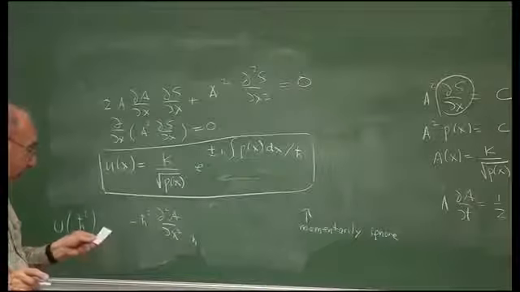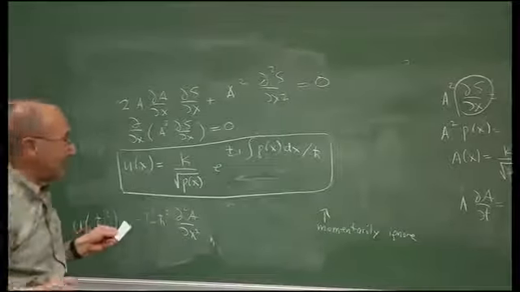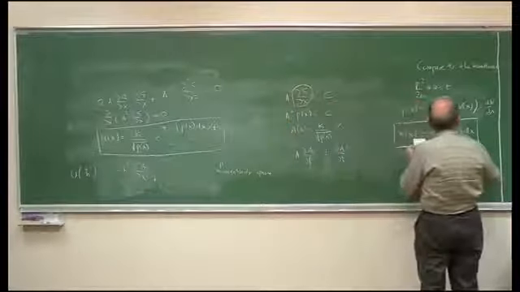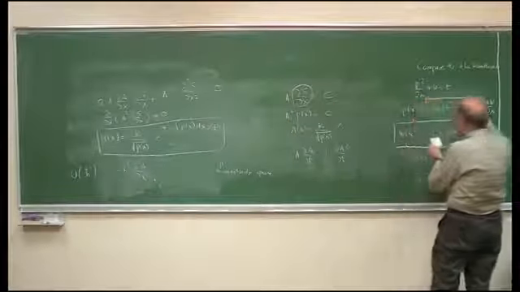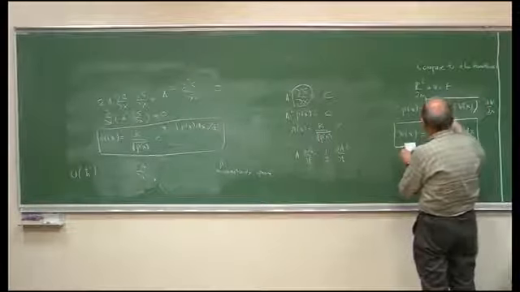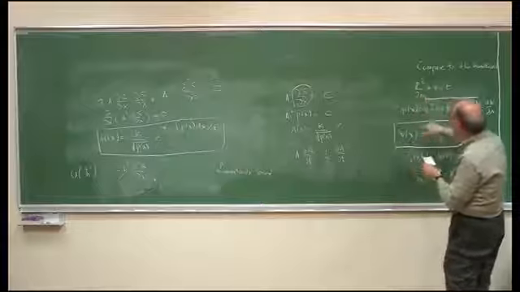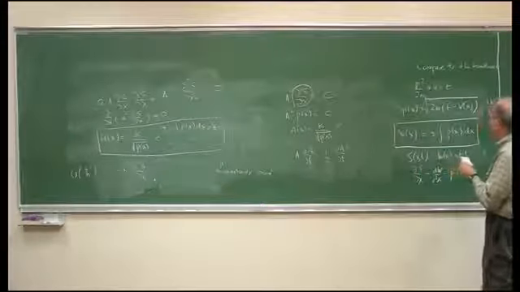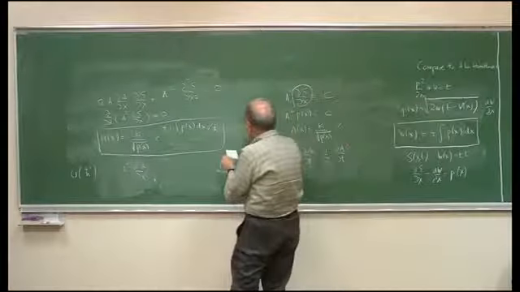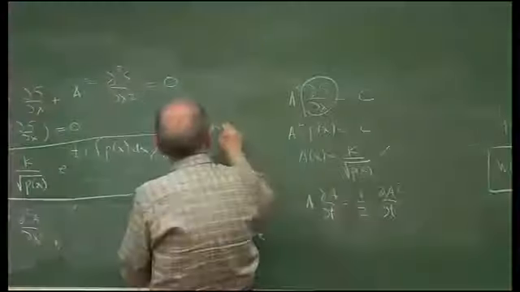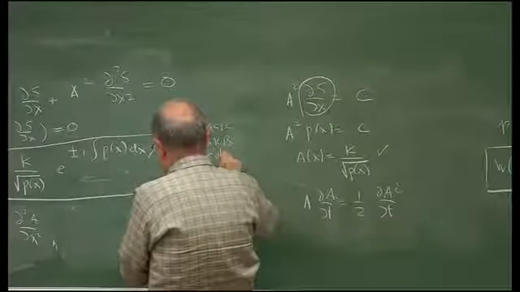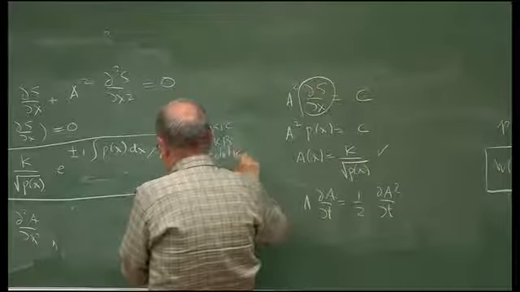Okay, and together with this equation, p of x, of course p of x, I should have corrected, is the square root of this from there, and so with this will be the basic WKB solution. Okay.